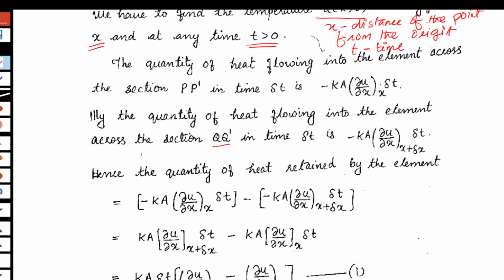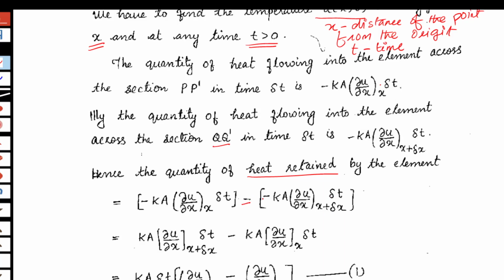Therefore, the quantity of heat retained by the element PQP'Q' is given by the difference between these two values, that is minus KA ∂u/∂x at x into delta t minus minus KA ∂u/∂x at x plus delta x into delta t.